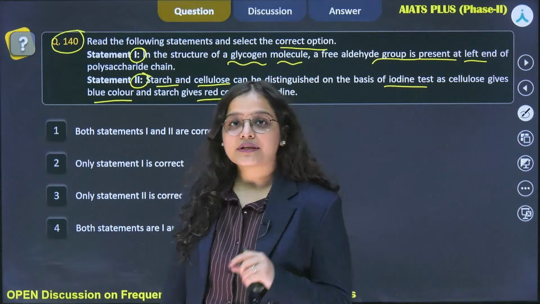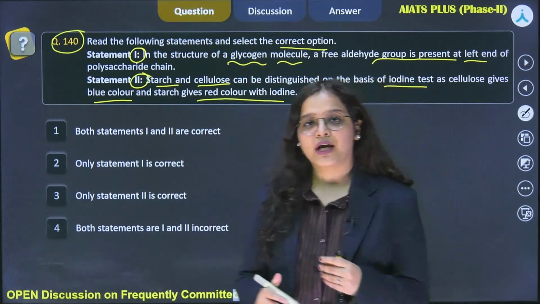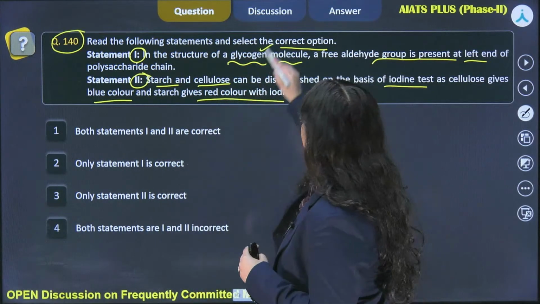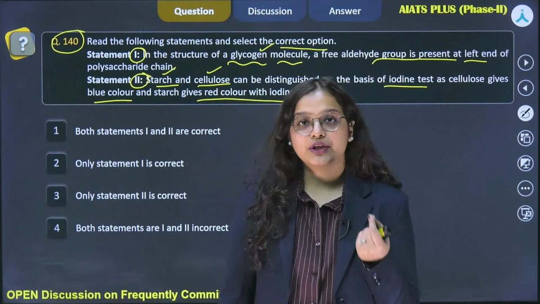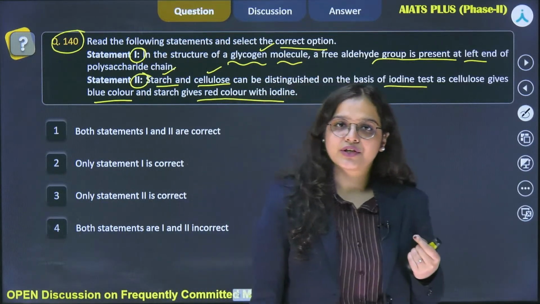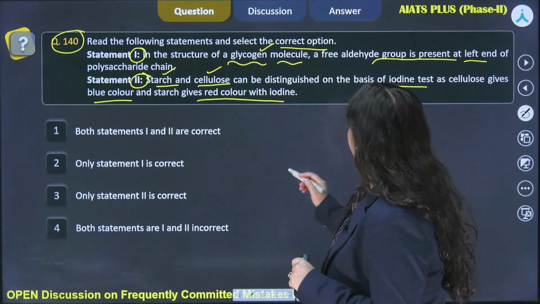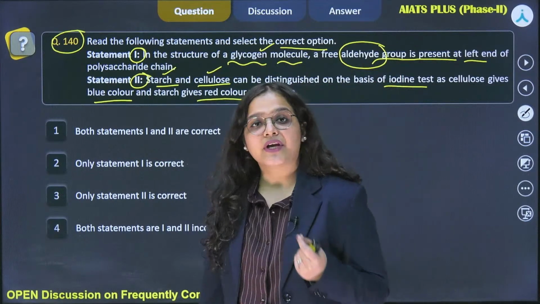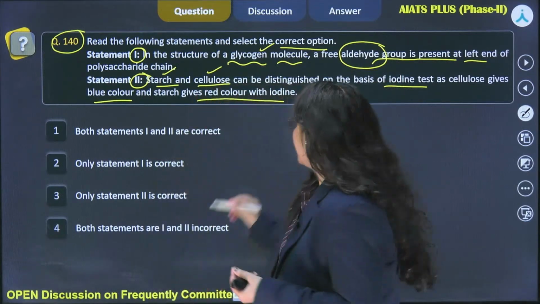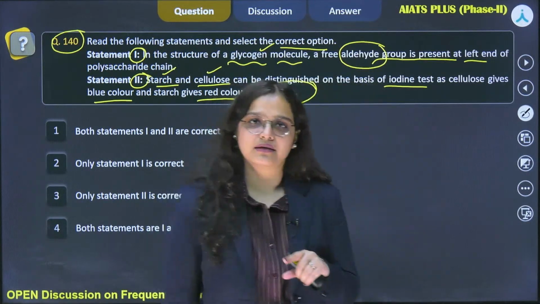So for solving this question, we need to recall the concepts of carbohydrates, as I can see the names of different carbohydrates. Particularly we need to focus on their structure to deal with such questions, where we are talking about whether there is an aldehydic group or not, and whether there is a particular chemical test in which a certain color is formed.